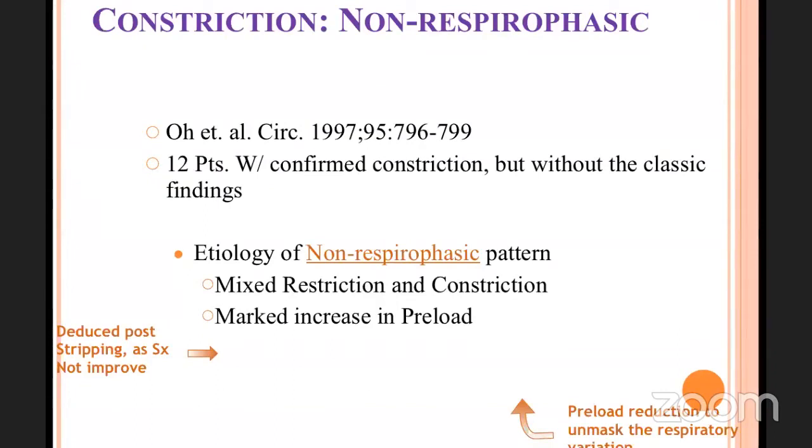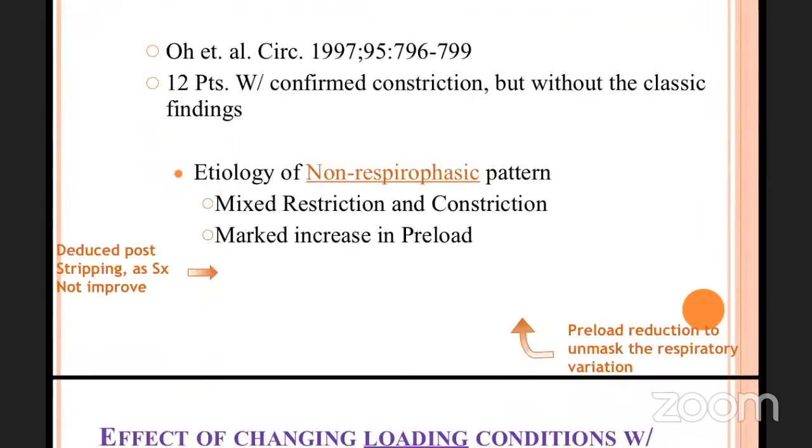In the Mayo Clinic series, about 10% of the patients did not show this respiratory pattern. They attribute this to two reasons. One is a marked increase in the preload. That means the venous pressure is so high that it will not be able to demonstrate the variations in the flow velocities, because it is very high.